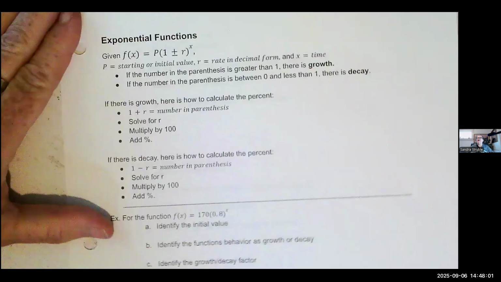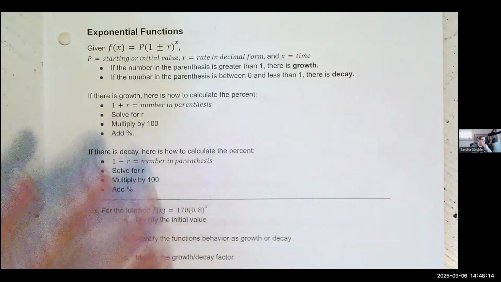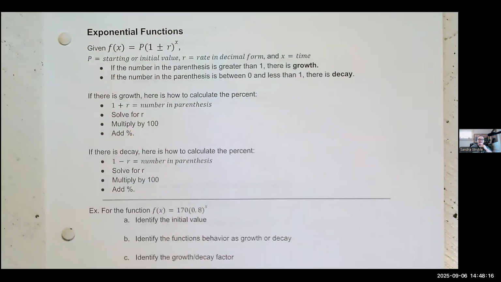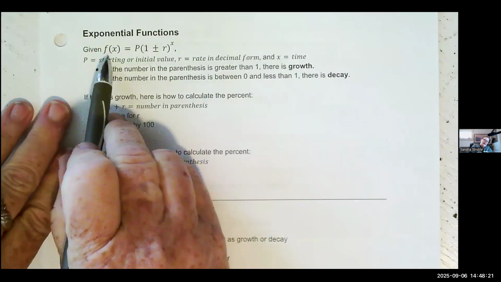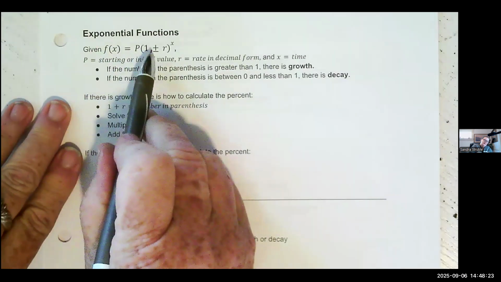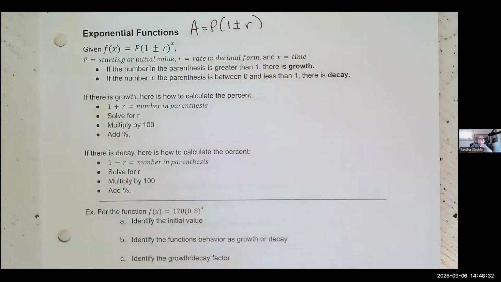All right, now the actual exponential functions and creating them. Okay, so this, if you use what I gave you in the previous video for percent increase and decrease, I gave you A is equal to P, 1 plus or minus R. This is the same thing.